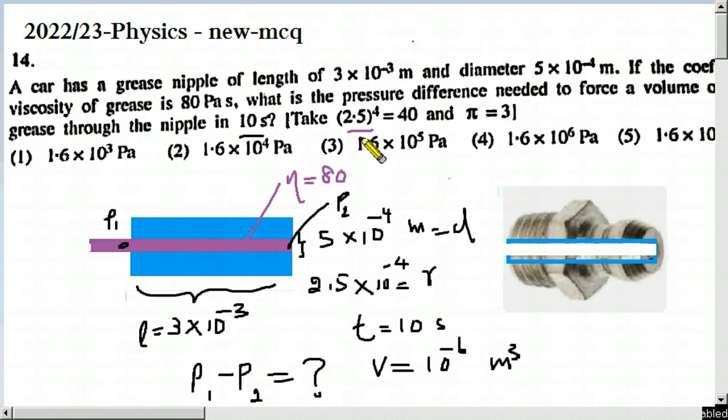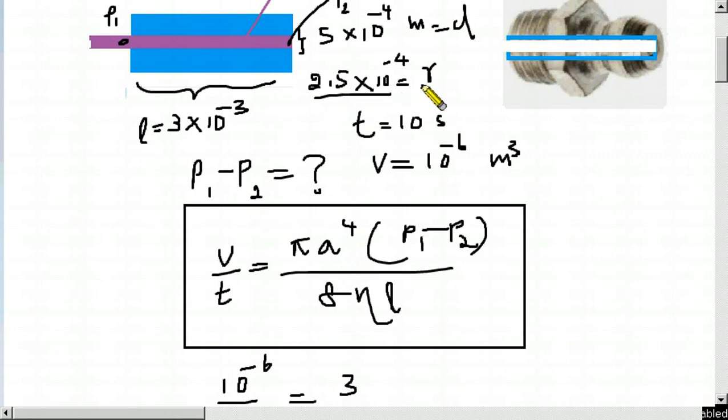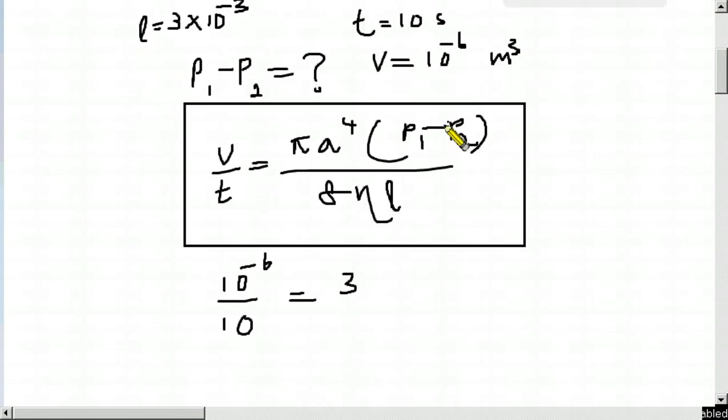Then a power 4. Here a is the radius, but in this equation we use the symbol a for radius. That is something special in the viscosity lesson, we take radius as a, simple a.